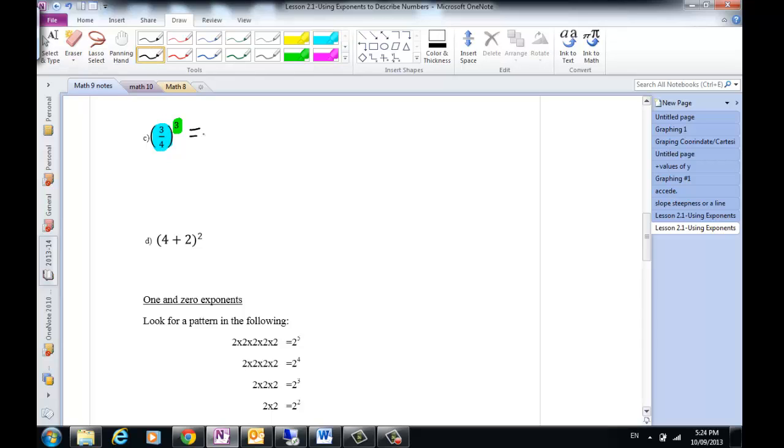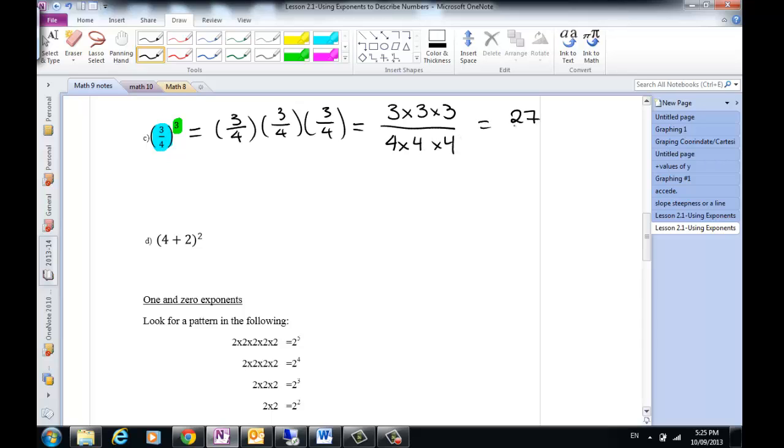So if I rewrite this in expanded form, I would have 3 over 4 multiplied by 3 over 4 multiplied by 3 over 4. And I can simplify this one more time. So I have 3 multiplied by 3 multiplied by 3 divided by 4 multiplied by 4 multiplied by 4, which is just 27 over 64.